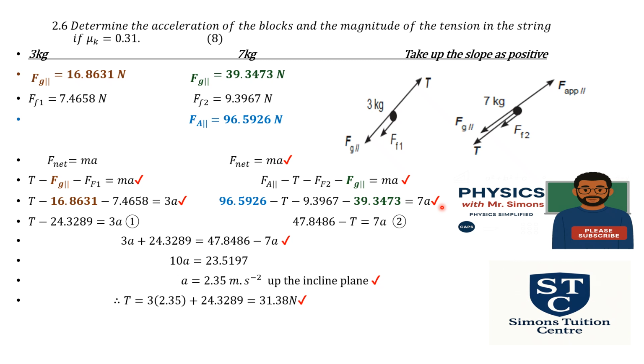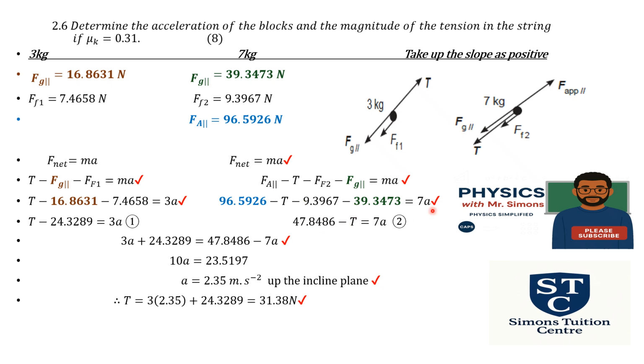So from there, if we simplify, minus 16 minus 7,46 gives me minus 24,3239. There, 96 minus 9 minus 39 gives me 47.